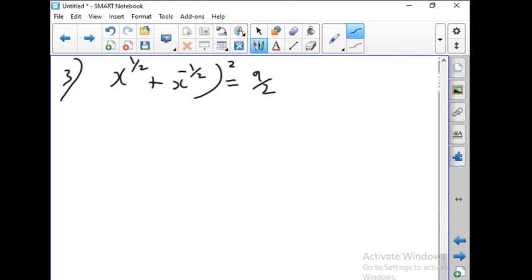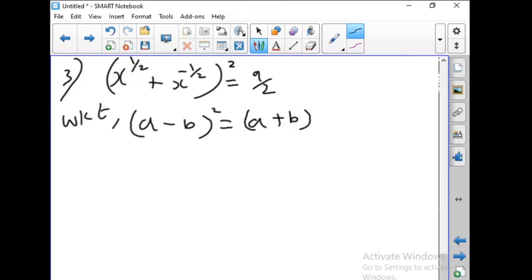By formula, a minus b the whole square can be written as a plus b the whole square minus 4ab. Do you remember this? Here in the place of a we have x power 1 by 2, and in the place of b we have x power minus 1 by 2.